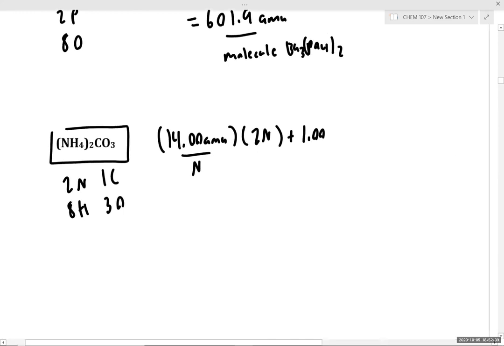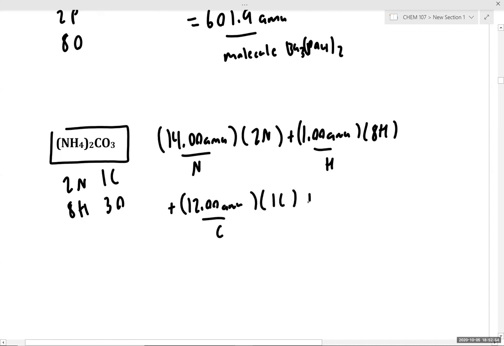For hydrogen, we have 1.00 AMU per hydrogen atom, and we have 8 hydrogen atoms. For carbon, we have 12.00 AMU per carbon atom, and we have 1 carbon atom. And then for oxygen, we have 16 AMU per oxygen atom, and we have 3 oxygen atoms.